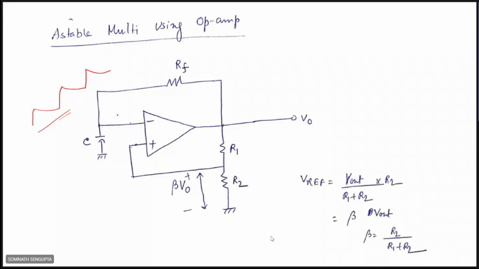That voltage will be compared with this threshold voltage, and accordingly the output will be automatically generated. So here we do not externally apply any input voltage, but we get a square wave at the output.